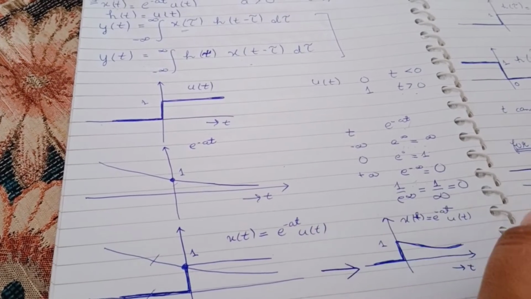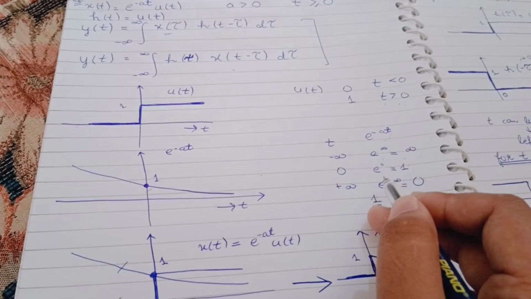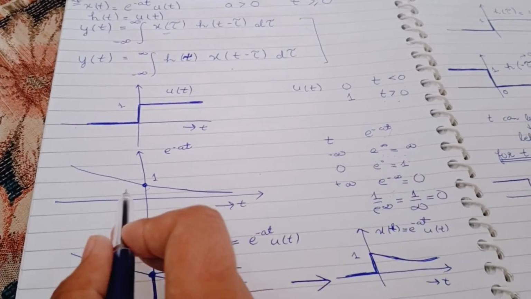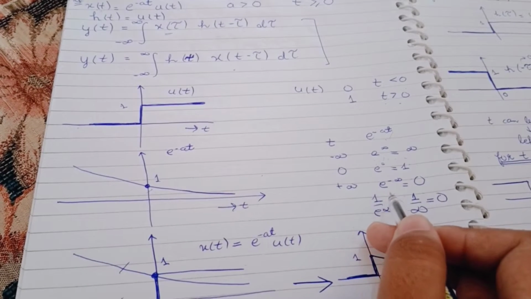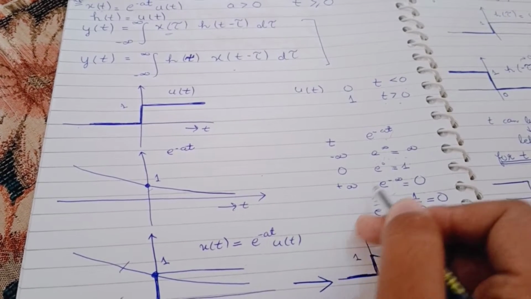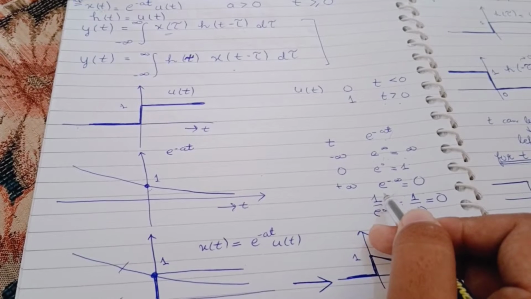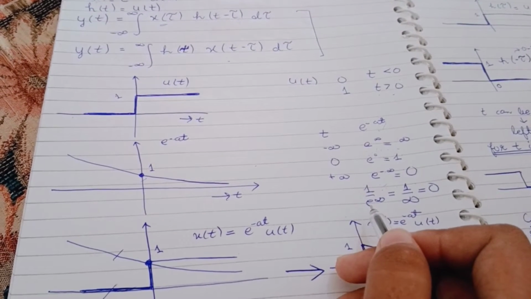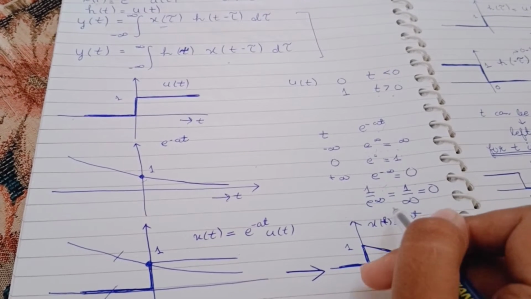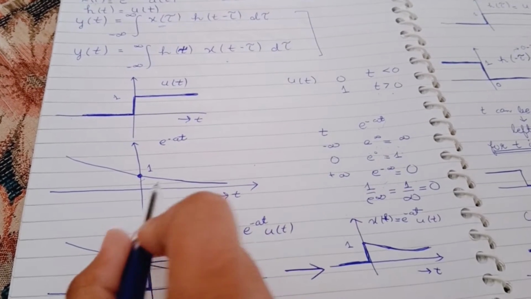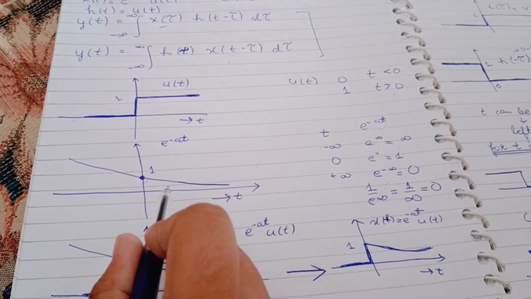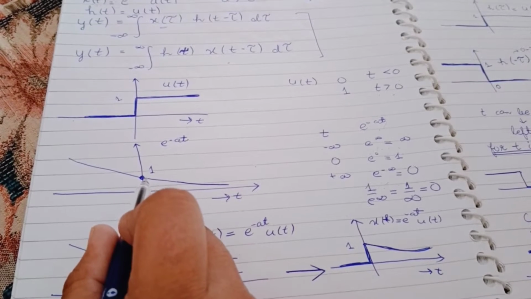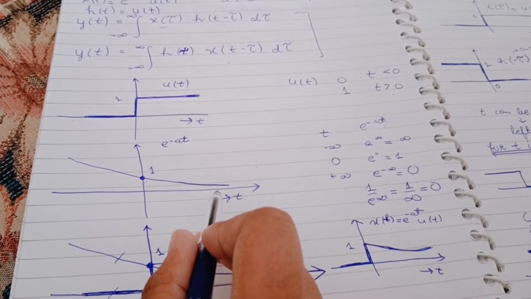When t is equal to 0, e raised to the power 0 equals 1. Then putting t as positive infinity, e raised to minus infinity comes in the denominator as e raised to infinity, which is 1 by infinity, equal to 0. So on the right side, e^(-infinity) approaches 0.